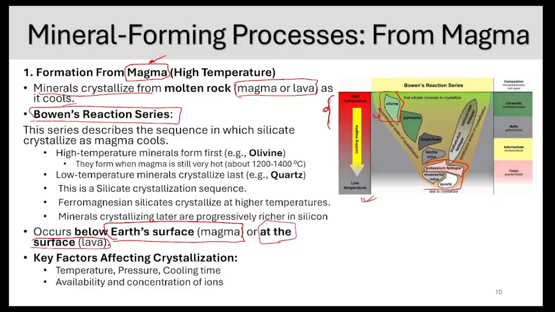This reaction series is the master control over the composition of all the igneous rocks. And when we say igneous rocks, we are basically talking about rocks that are made up of solidified magma.